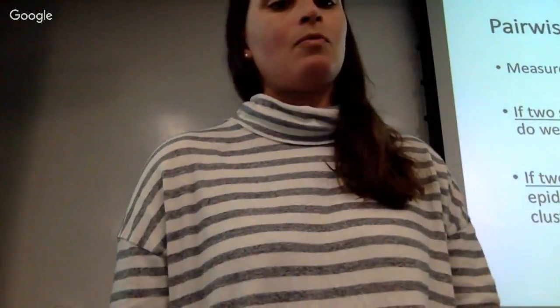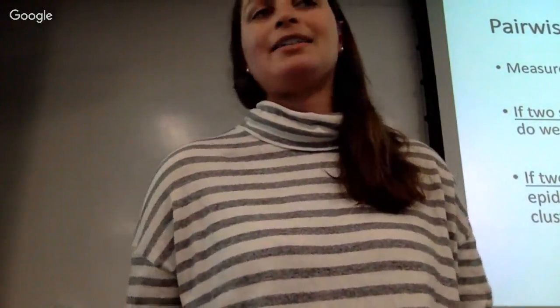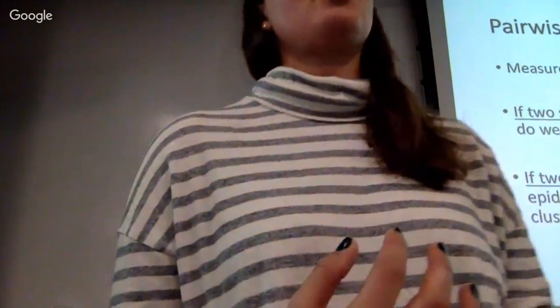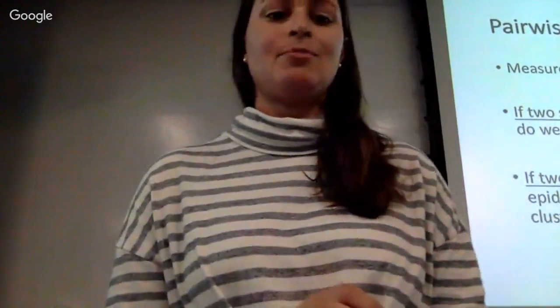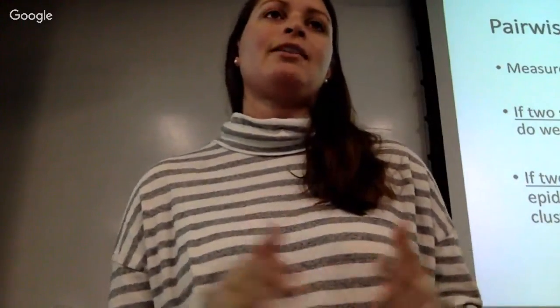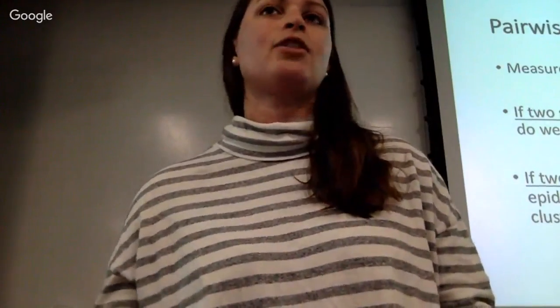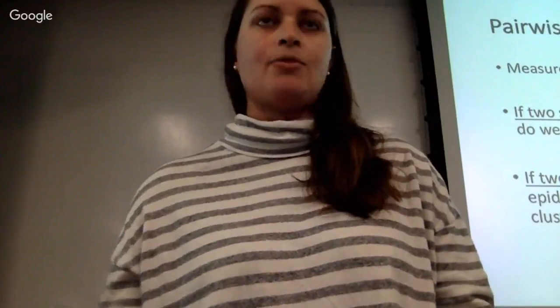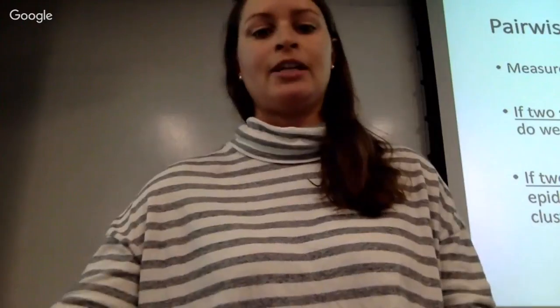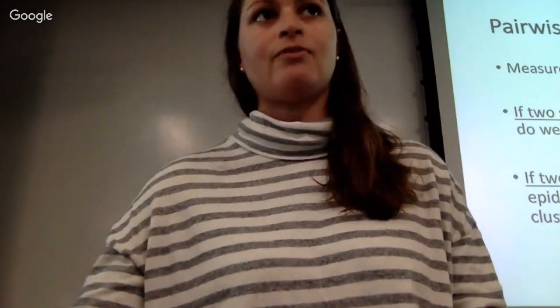What analyzing this measure means is, if you're looking at the pairwise genetic distance between two sequences from the same person, you're looking at the variability in the evolution of the virus. So how much variability is there over time in the same virus in one person? And then what are the clinical implications of that?